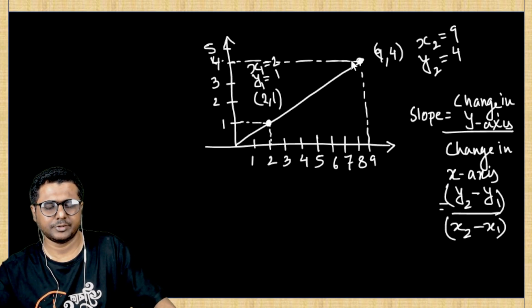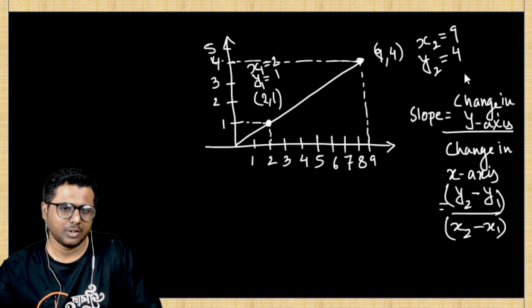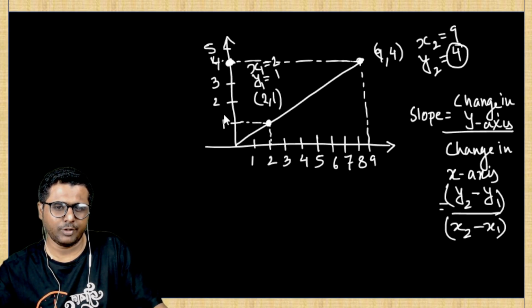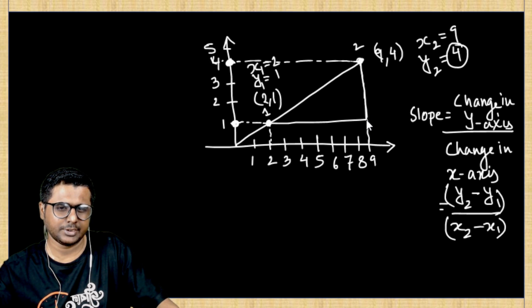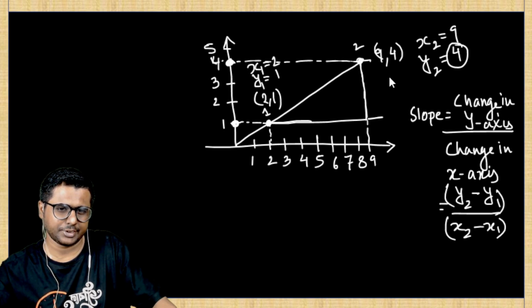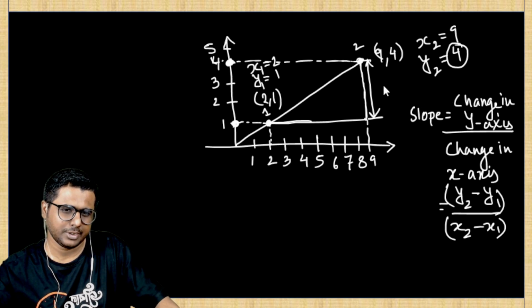So let us understand this. What does y2 represent? y2 represents 4 over here. This 4 is coming from here. And what is y1? y1 is 1. It is coming from here. So if I take this as a triangle, because I am taking these 2 points, then this point and this point are basically the y points, and this is nothing but the distance between them, which is 4 minus 1, that is 3.